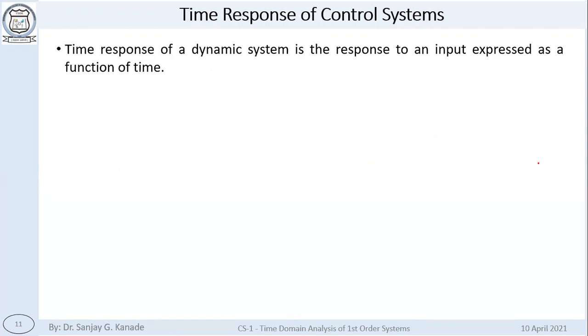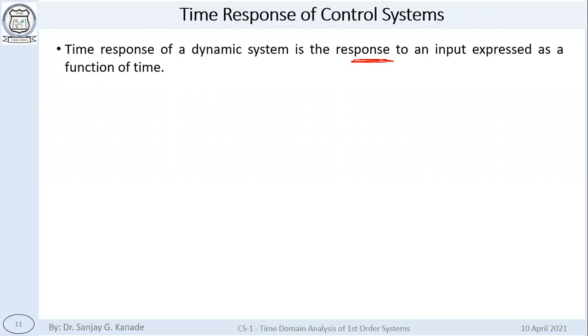Now coming to the main focus of the unit, we are going to analyze the system in time domain. So what is important to see is the time response of the control system. As we said in the beginning of the lecture, the time response of a dynamic system is the response, meaning output.